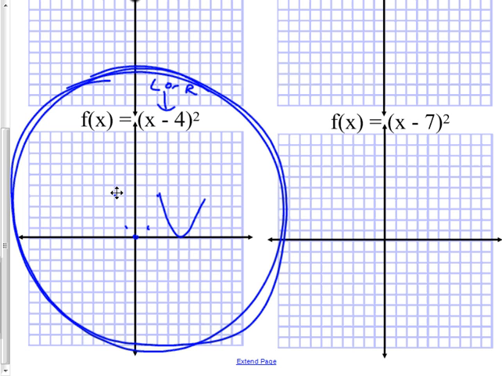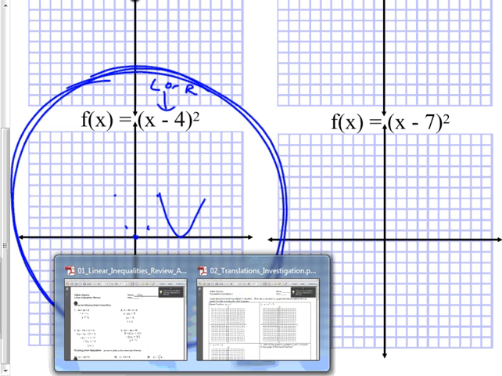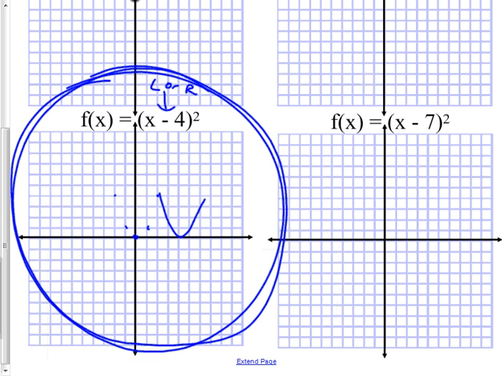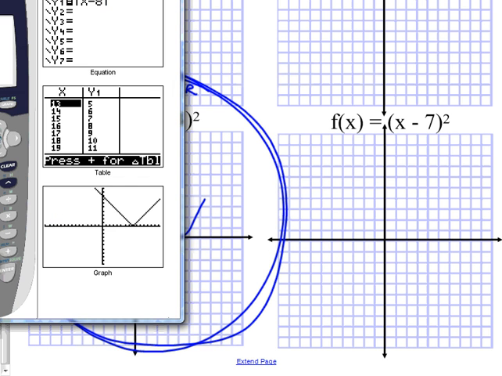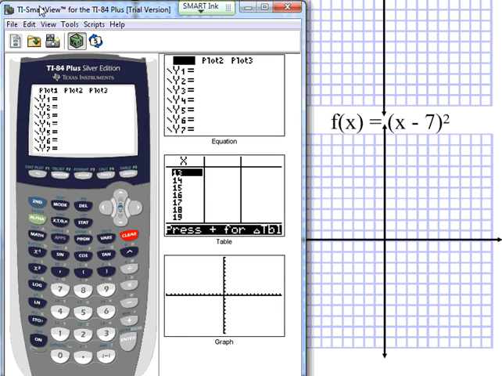So you're going to go to the y equals screen. If it was plus 4, it would move to the left. So it's x minus 4 in parentheses squared. So I'm going to go here, do that, bring this over so people at home can see it. X, oh, wait, I need parentheses.